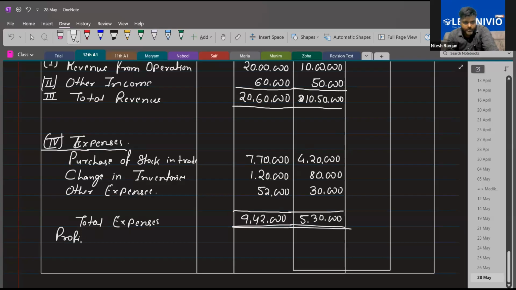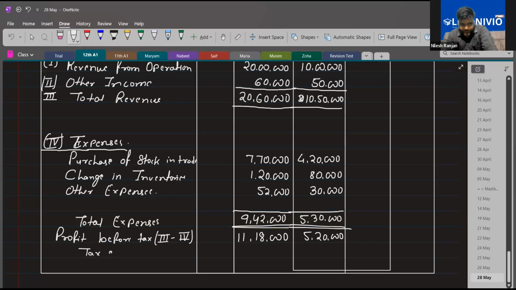Now it is profit before tax. 20,60,000 minus 9,42,000 is 11,18,000, and here it is 5,20,000.